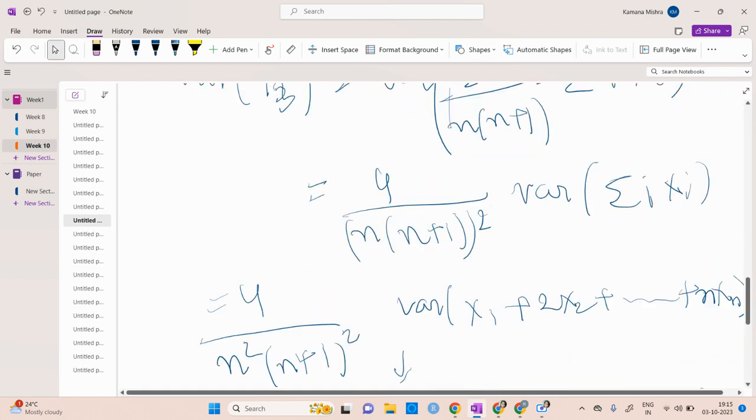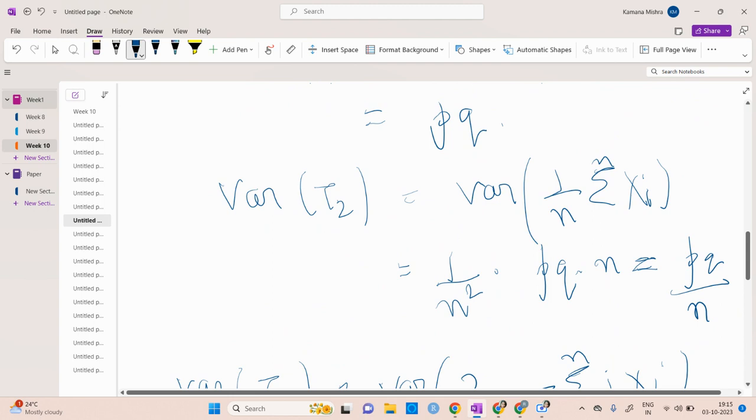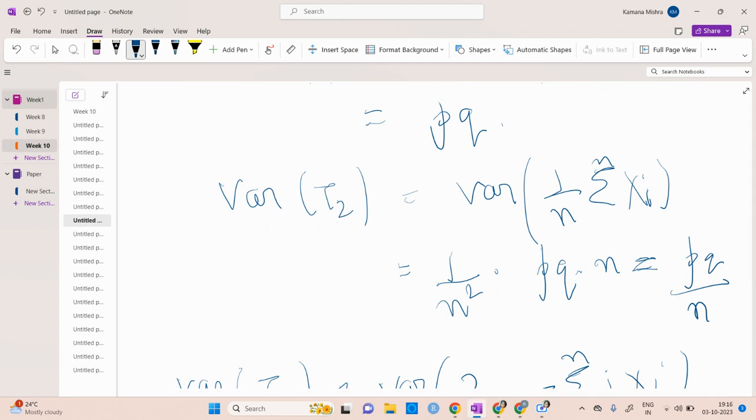So if n is greater than 1, then it's obvious that variance of T2 will be less than variance of T1, so T2 is better.